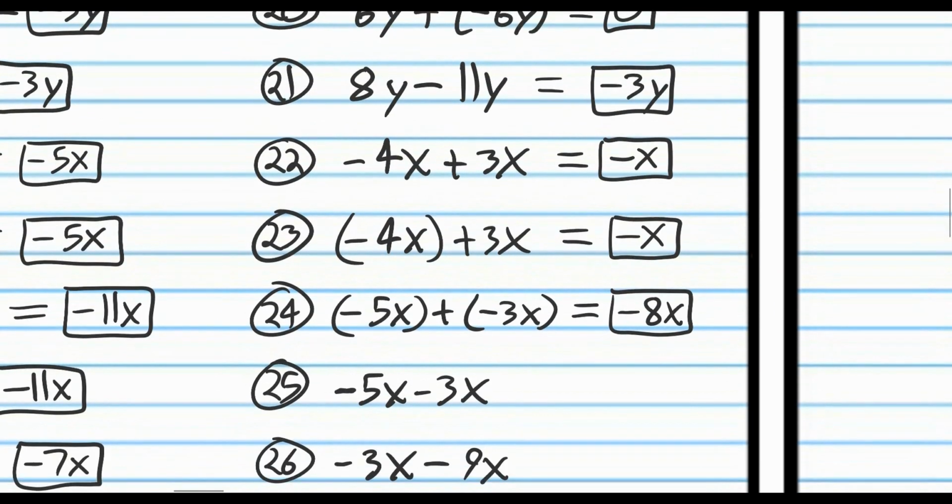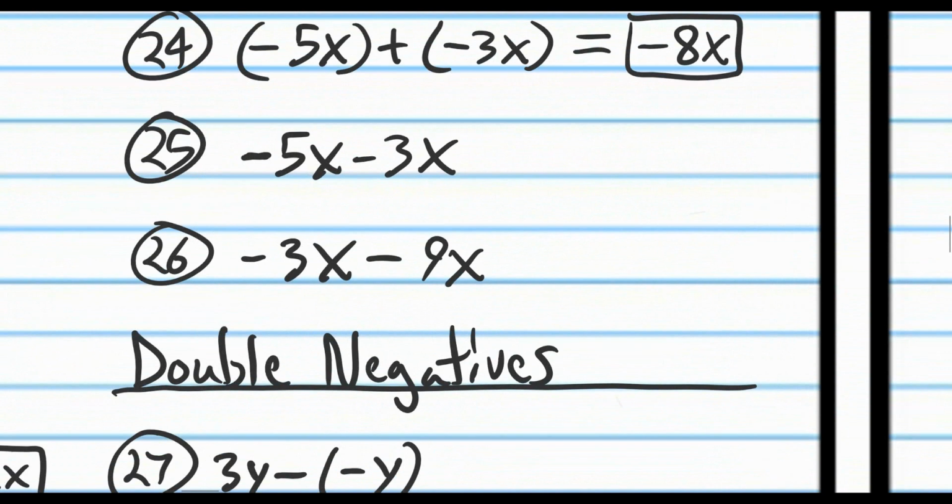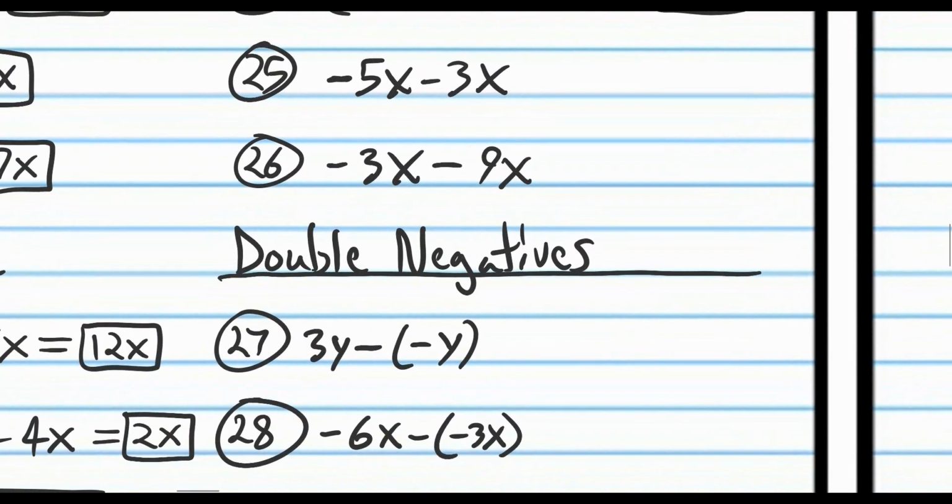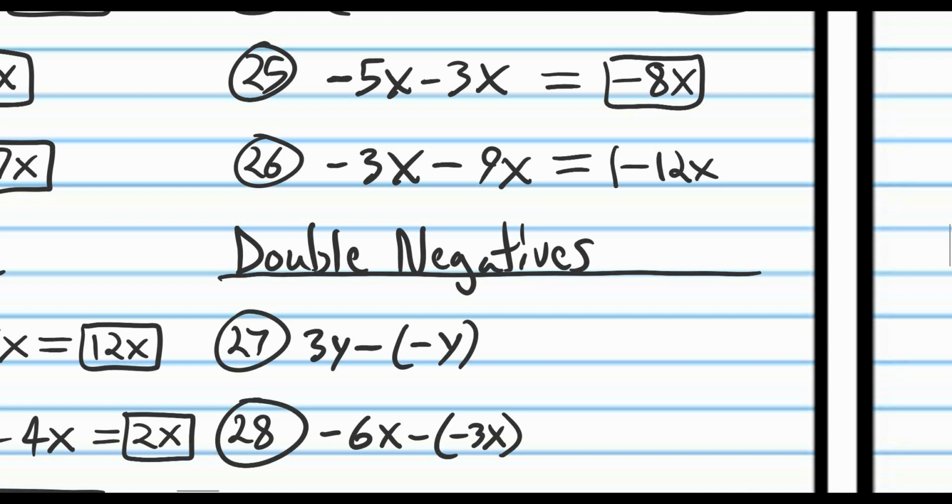All right. So now, why don't you try numbers 25 through 28, and when you come back, we'll do them together. All right, we're back. So as I do these, you can confirm that you're getting the same answers.